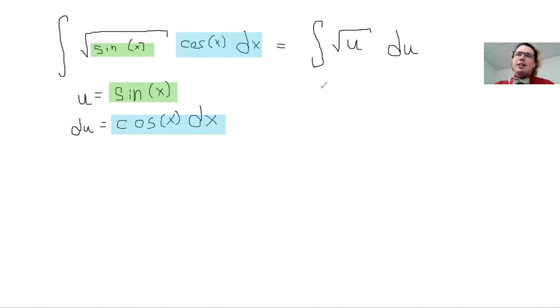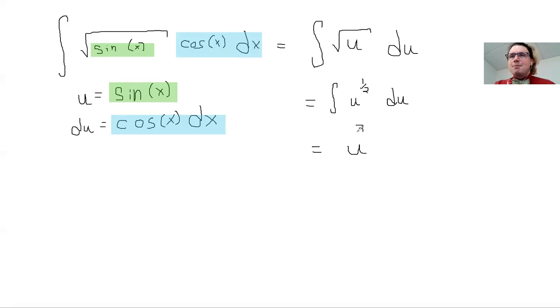Well, now I can calculate this indefinite integral. It might help to rewrite my integrand as a power function instead of a radical. So I know that my indefinite integral will follow the power rule for integrals. Previously, I called this the power rule for antiderivatives, but integral is a shorter word, so I might as well use that.